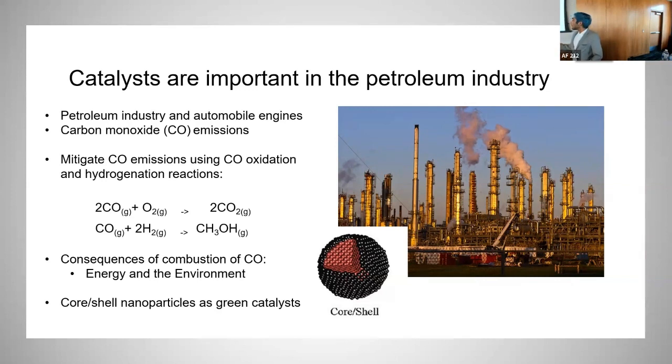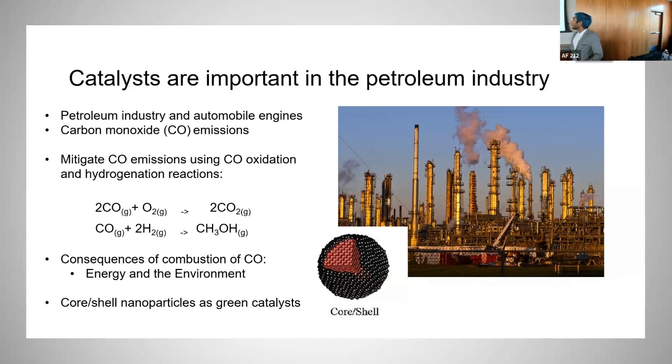You can see right here, these are two main chemical reactions that involve taking carbon monoxide and forming CO2, as well as forming methanol. And methanol is actually used mainly in petroleum industries. It's fully hydrogenated to form gasoline and petroleum products, which is very important.